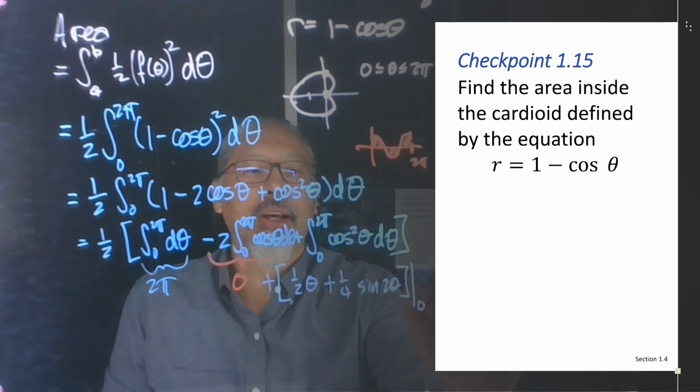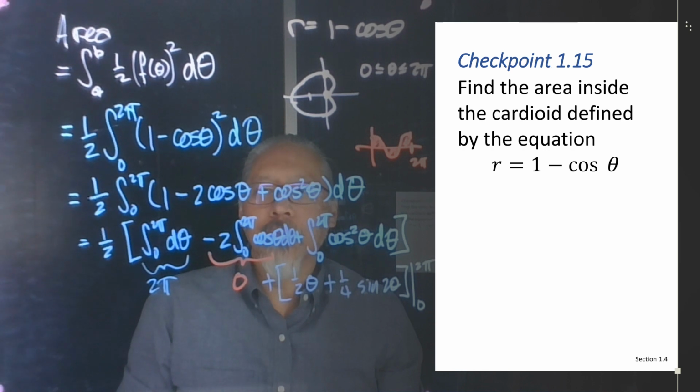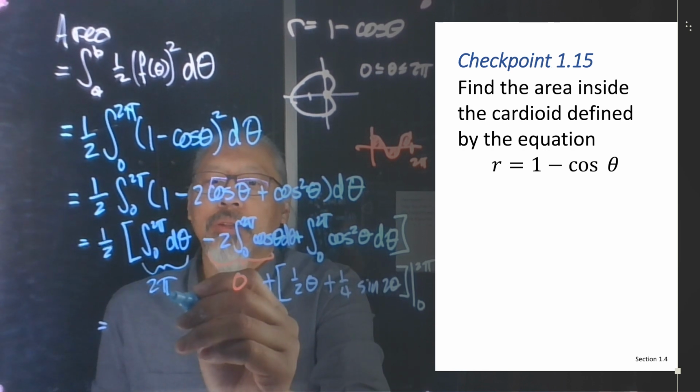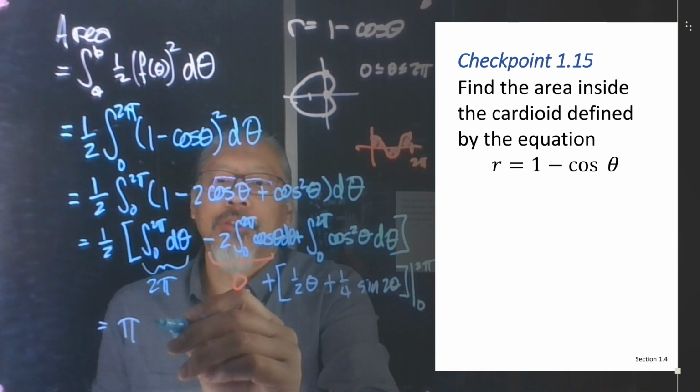And this is going to be evaluated from 0 to 2 pi. Multiplying this through, we're going to get pi over here, and then plus a 1/2. Let's put 2 pi in.